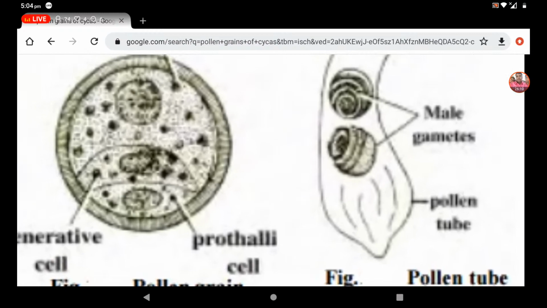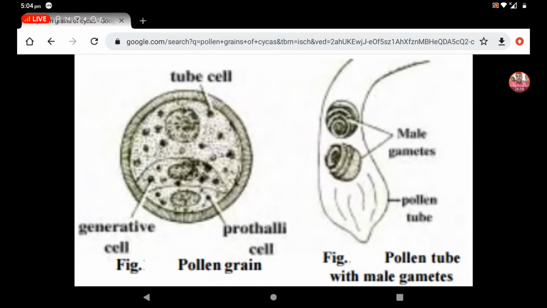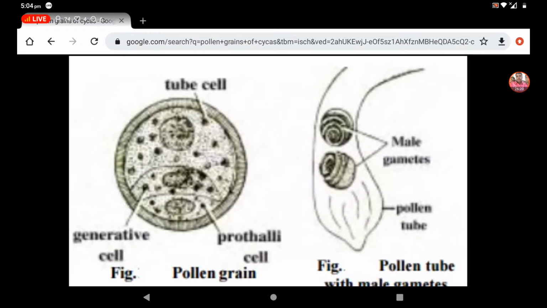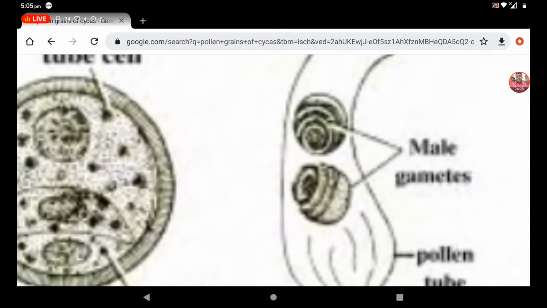If you observe the diagram, there are the tube cell, generative cell, and prothallial cells. The generative cell again divides to form the two male gametes, which you can see on the right side.